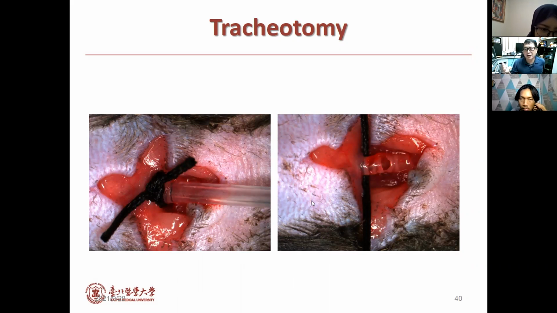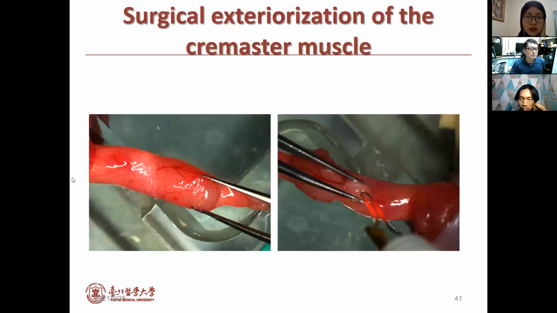So I'm going to use a sleeping drug, and the mouse will go to sleep. Unfortunately, they will develop mucus in the trachea, so they try to breathe. So we do a tracheotomy to help them breathe. After that, the mouse is happy.